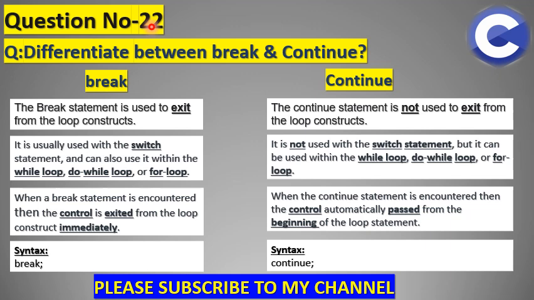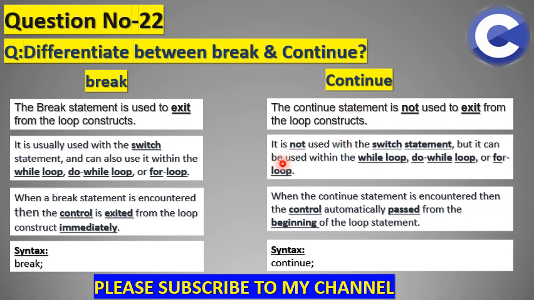Our question number 22 is, differentiate between break and continue. The break statement is used to exit from the loop construct. The continue statement is not used to exit from the loop construct. Break is usually used with the switch statement and can also be used within a while loop, do while loop or for loop.